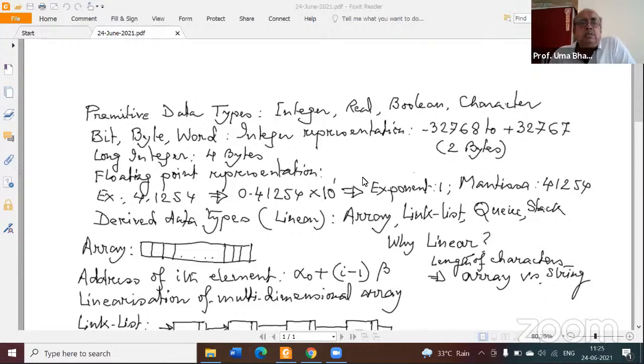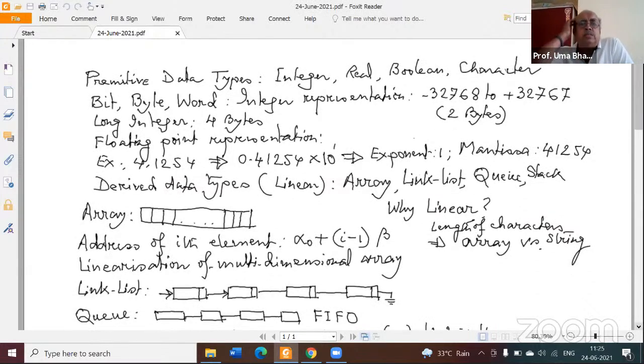Then comes linked list. Disadvantage, you can see in the example I have given. In this way, in the form of an array, first of all, what do we do with these derived data structures, derived data types? Lookup, insert, delete, and update.